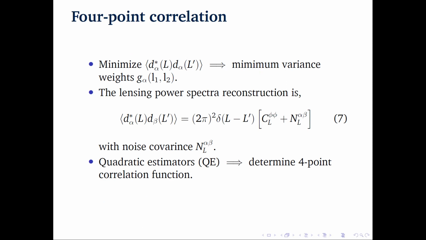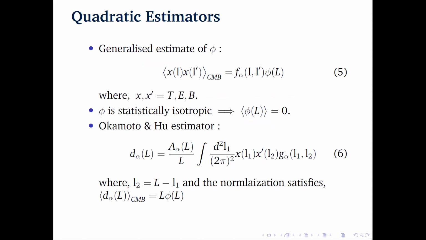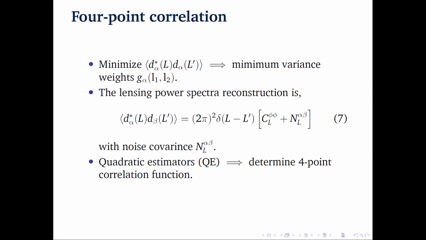If you look at the equations, we have a quadratic pair here, so when we contract them with each other, we get a 4-point correlation function. These quadratic estimators are essentially 4-point correlation functions, so we have to estimate the 4-point correlation function of these maps.